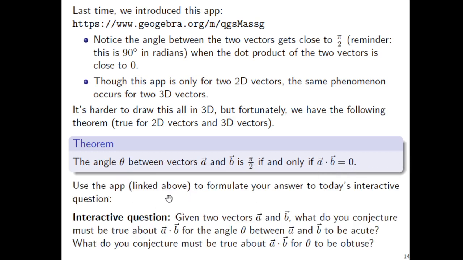So using the app linked above, I would ask you to explore: given two vectors A and B, what do you conjecture must be true about A dot B for the angle theta between the two vectors to be acute? And what must be true for the dot product in order for the angle between the two vectors to be obtuse?